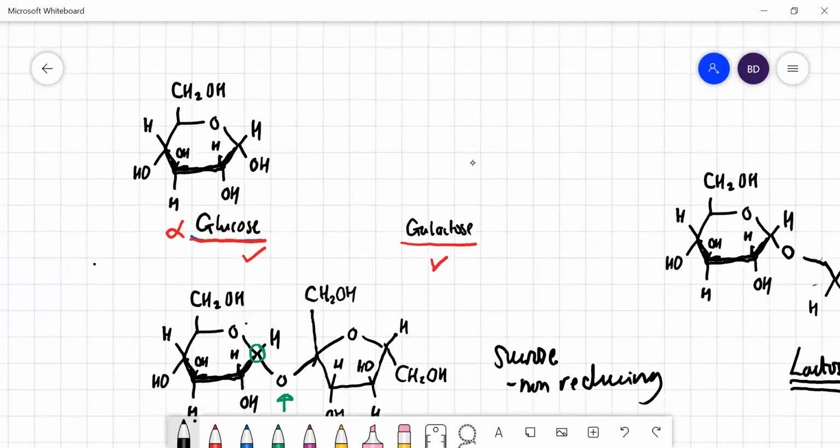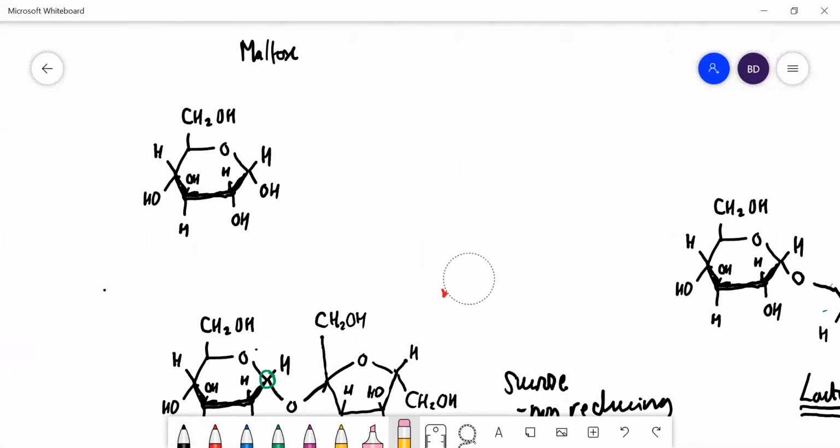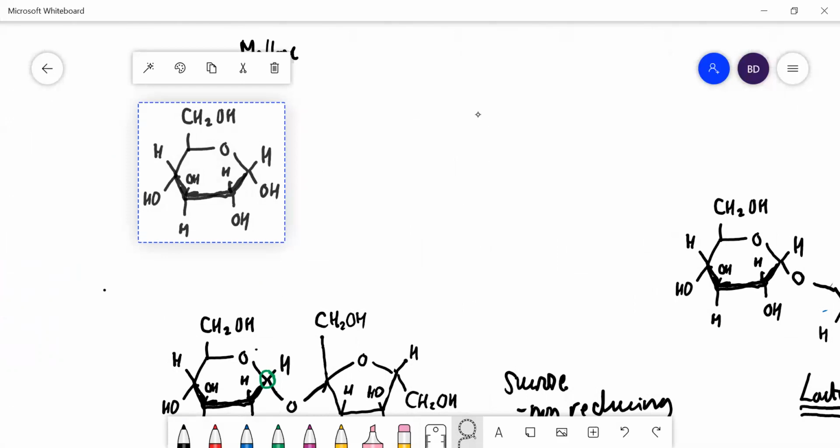And the other one we'd have to talk about is a disaccharide of glucose. And that is called maltose. The other disaccharide, maltose, you can probably guess where you find that from its name. So I'll just rub this out. I'll copy another glucose and stick it next to it.